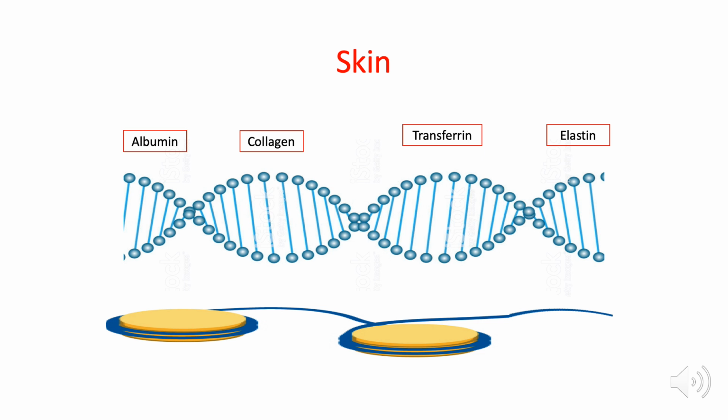Let's put the same DNA to the fibroblast of the skin. Albumin is not produced by fibroblasts. So therefore, that gene portion of the DNA should be wrapped around histone. Please recall that this portion of the DNA in the hepatocyte remains free because it is actively transcribed.